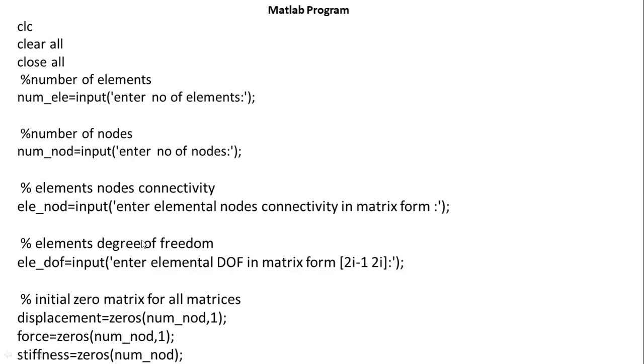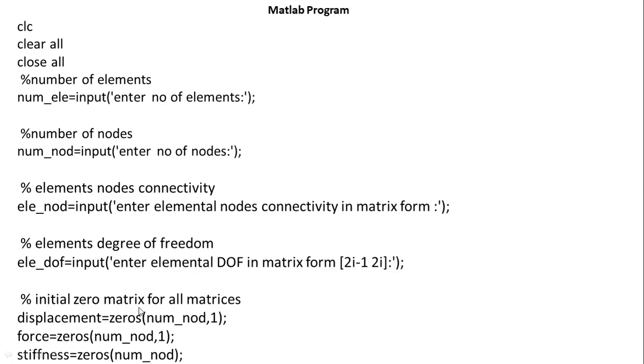Next, element degree of freedom. In this problem, node connectivity and element degree of freedom matrix remain the same. So generalized, 2i minus 1 or 2i. When you put 1, obviously 1 to 2, and we will get 2 to 3 degrees of freedom at the respective nodes.